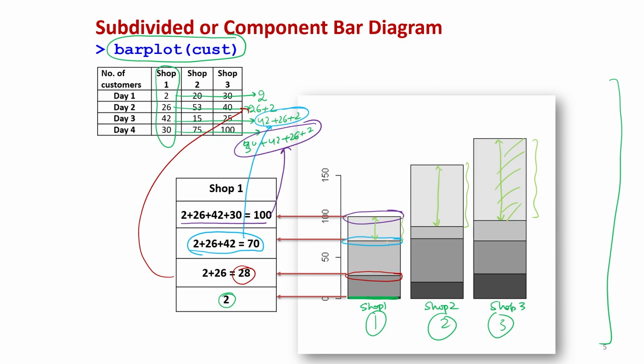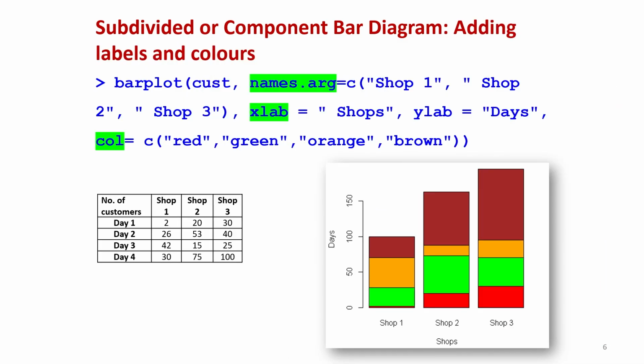So it is indicating that in shop 3 there were maximum customers, whereas in shop 1 there were minimum customers, indicated by the light gray color, on the 4th day. And on day 4, shop 1, shop 2, and shop 3 had 30, 75 and 100 customers, right. So this is the advantage of the subdivided or component bar diagram.